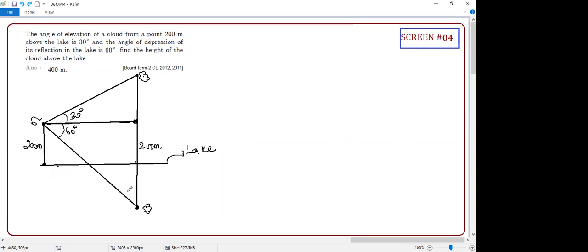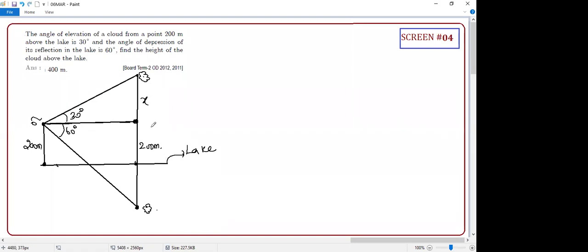Yes. Super. Guys, now in physics, do you know one property? Whatever height the cloud is above the lake, the same height its reflection will be below. This is a physics property. So if I put the entire height as h, or you can put x, no problem.